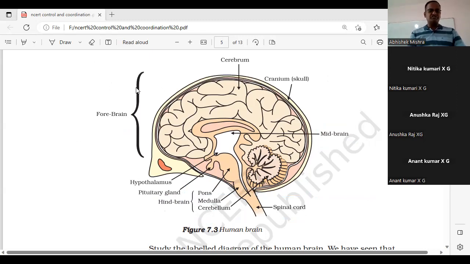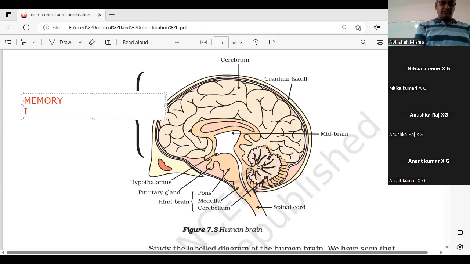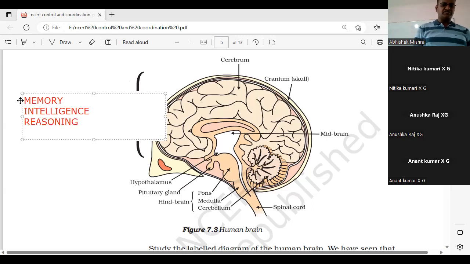The forebrain controls the major activities like, let me write over here so that it will be more crystal clear to you all, memory, intelligence, reasoning, IQ, thinking. Okay, is it clear now, Nisha?